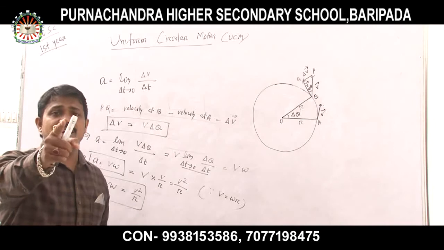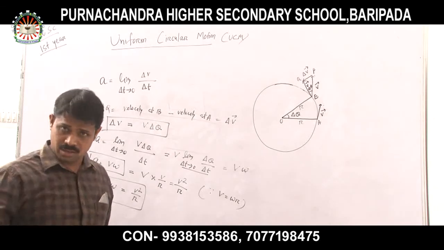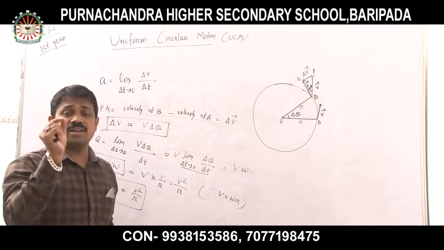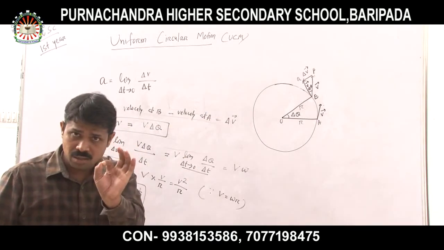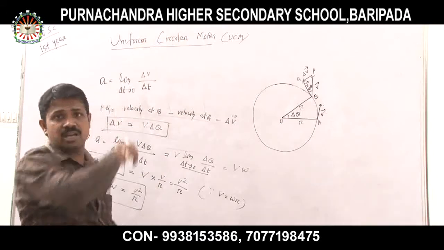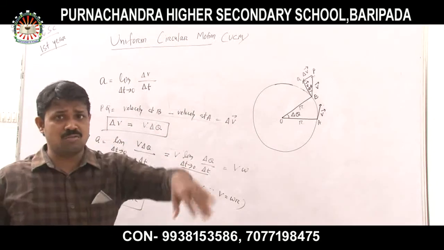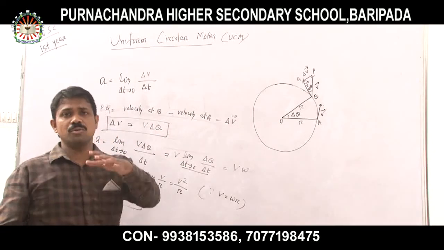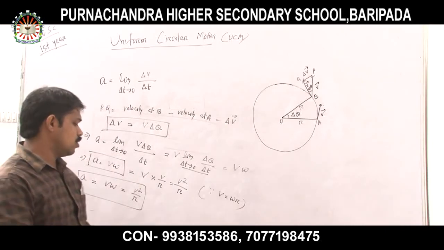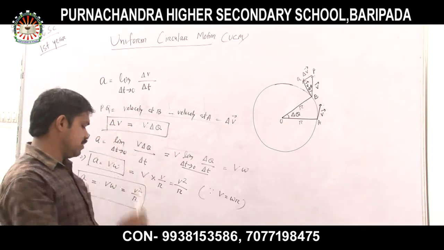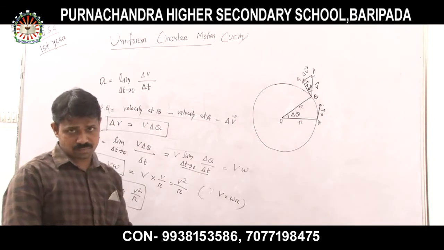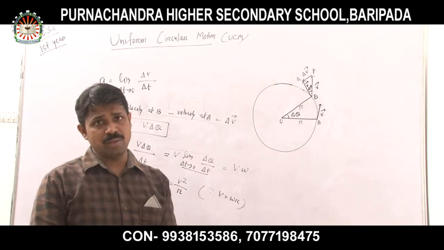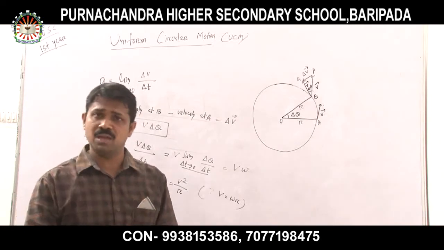Because if the centripetal acceleration is absent, listen very carefully, then the object moves tangentially. It will not have uniform circular motion. Understood all of you? Clear? Okay, so this is a very important concept, so you have to remember it. If you still have any doubt, then you can ask me.